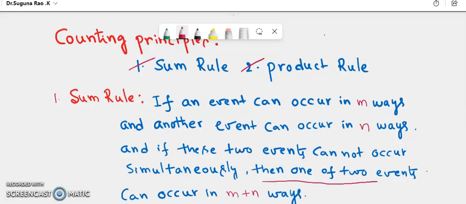This is the sum rule. The sum rule is applicable where the events cannot occur at the same time.